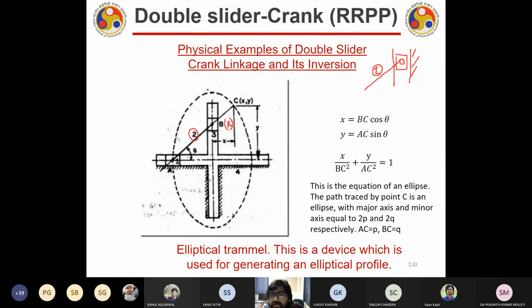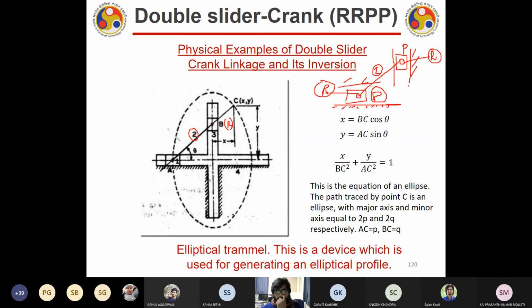So this is a rotary joint, and this piston moves in this frame, and it is a prismatic joint. Then again, this link is attached with a piston, and this piston moves horizontally along the frame. That means it is a rotary joint, and this piston is attached with the frame and hence is a prismatic joint.